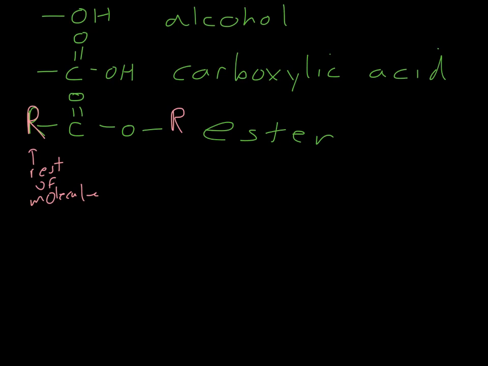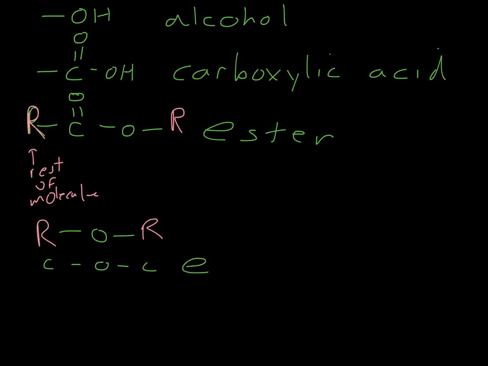All right, another one where we have a rest of molecule, then we have an oxygen and a rest of molecule. In other words, we have an oxygen dropped in the middle of a bunch of carbon. You could almost think of it as carbon, oxygen, carbon.